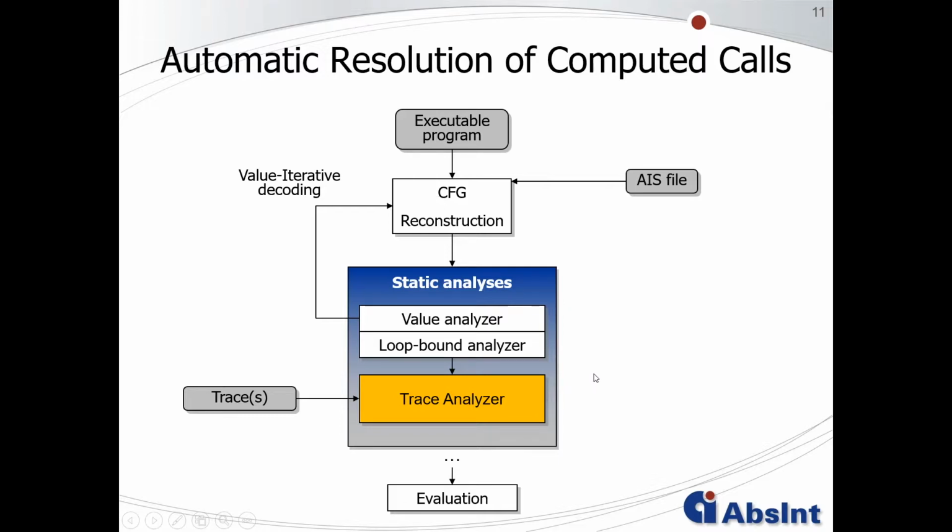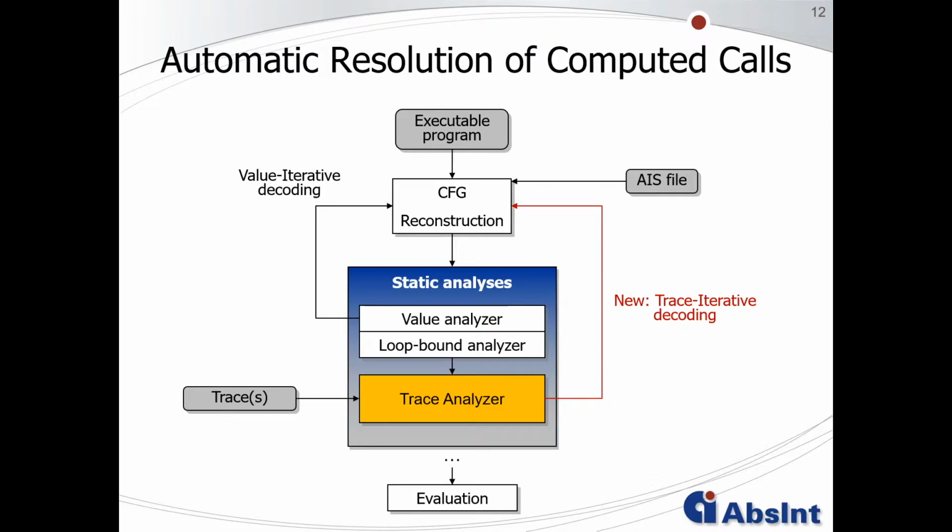Now we are introducing another back edge from the Trace-Analyzer in TimeWeaver, because in the trace data, in the program flow trace, we actually see which functions have been executed, have been called at the dynamic function pointer call. And if your trace coverage is complete, then of course this resolution of the computed call targets will also be complete.